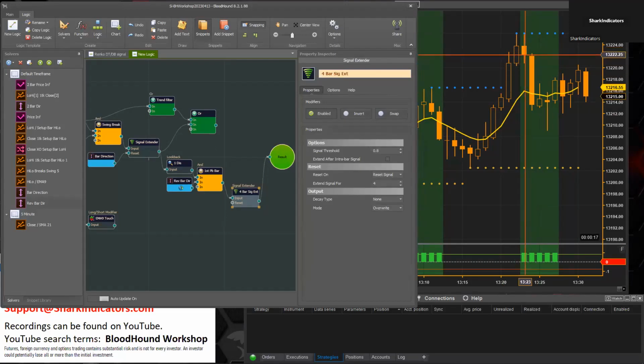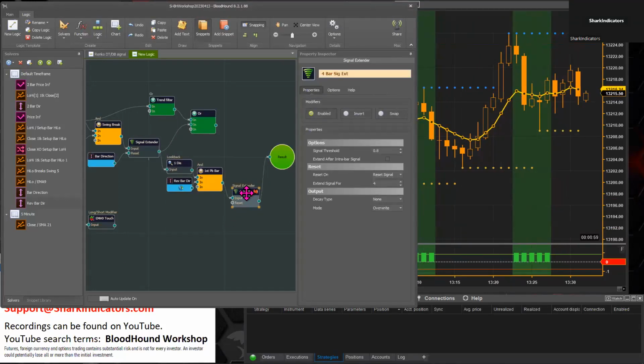There's our signal. So that's just telling us how many bars these pullback bars have before it hits the EMA9, right? So now we need to turn off the signal extender when price hits that 9 EMA.